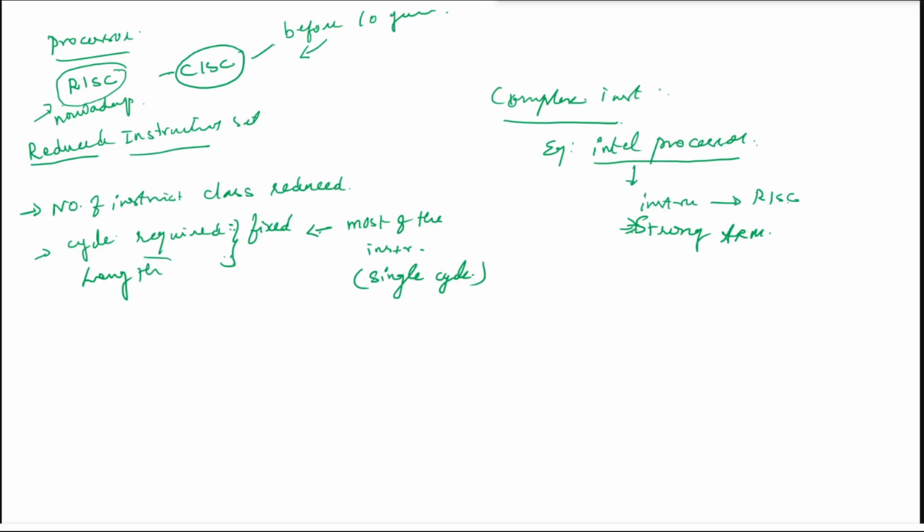And when you talk about length, you might have heard of 1-byte instructions, 2-byte instructions, 3-byte instructions. Here, in an Intel processor, the instruction length varies from 1 byte to 6 bytes. But in RISC, most of the instructions will be of 1 byte.